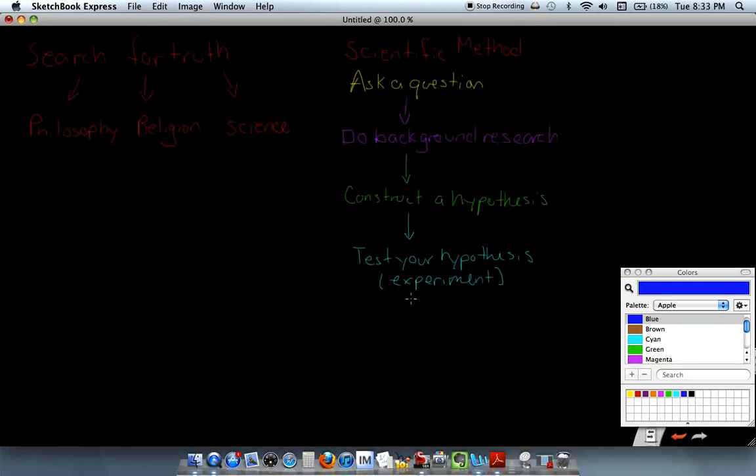After you've tested your hypothesis, the next step in this method is to look at your data. You've probably heard this before, and you draw a conclusion.